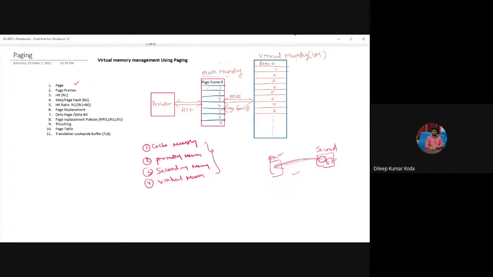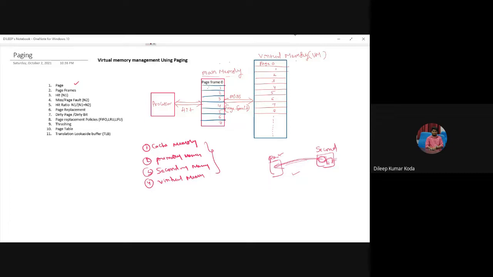Of course, the page frame and the page size are equal. So a page of virtual memory comes into a page frame of your main memory. Is this clear?